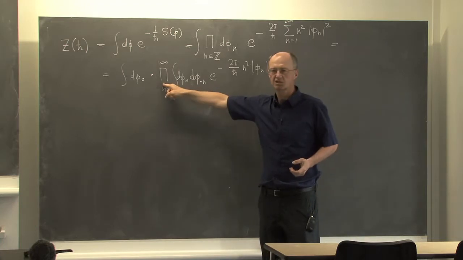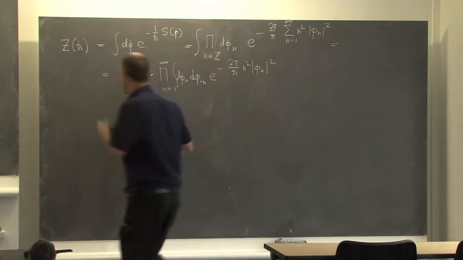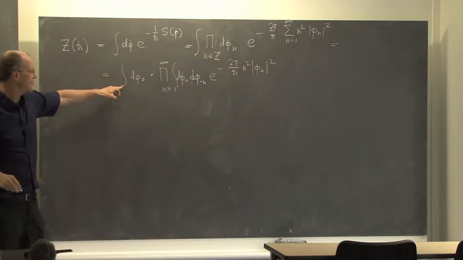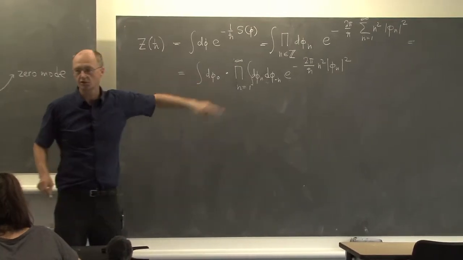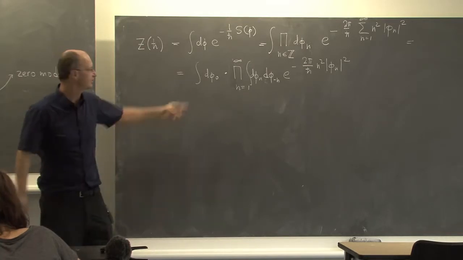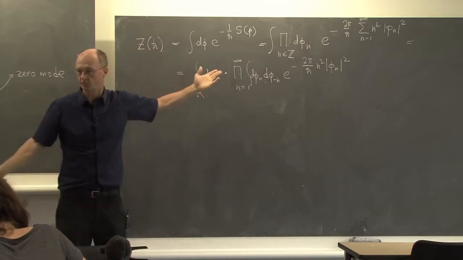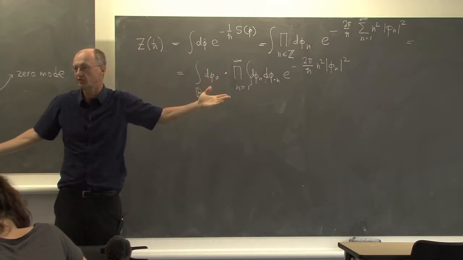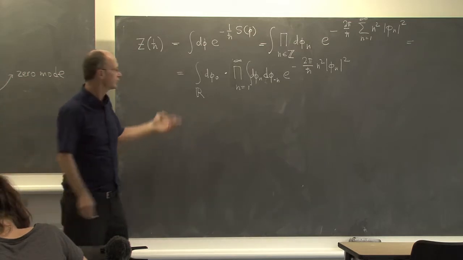Obviously, their product perhaps does not quite make sense, right? So there is a difficulty here. And then there is another problem. So this integral over phi naught is just an ordinary one-dimensional integral. The problem is this is an integral over R of the function equal to 1, right? So this is not a very good integral. It's very openly infinite.